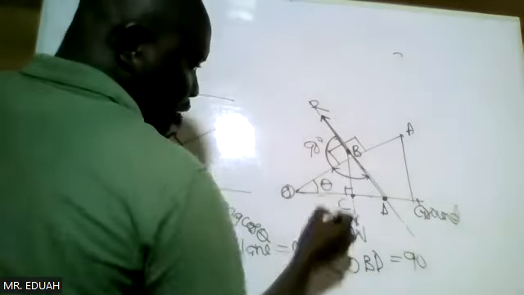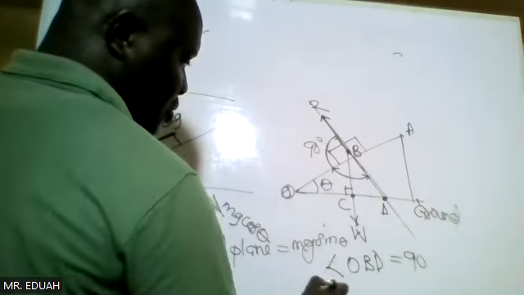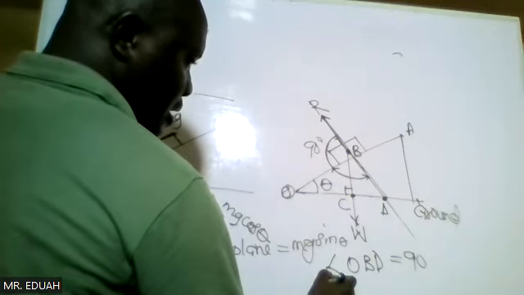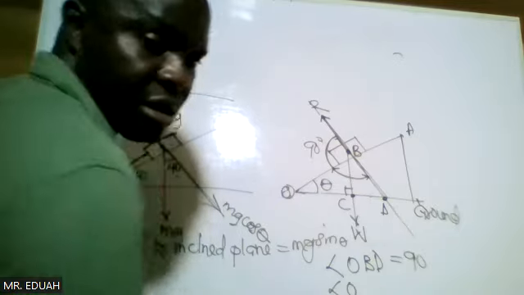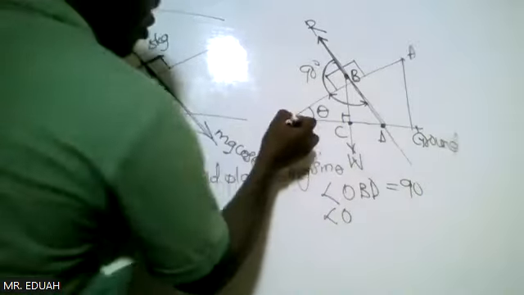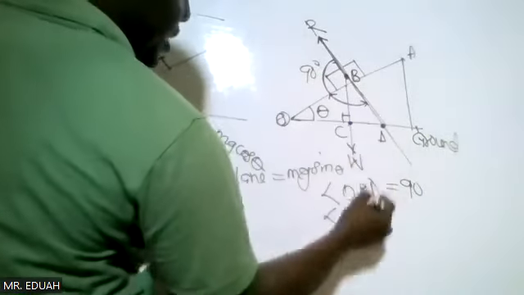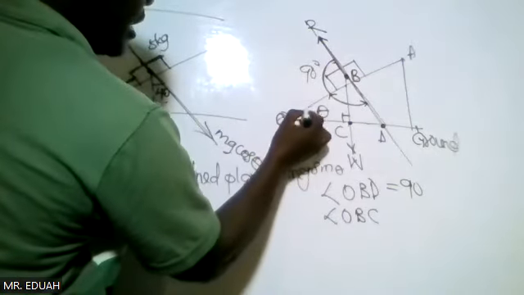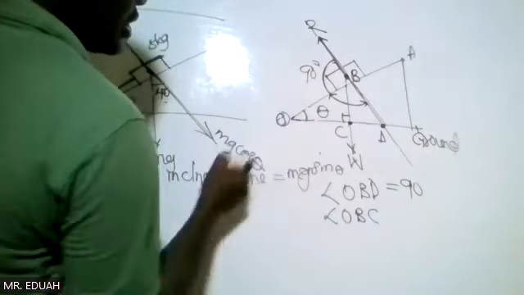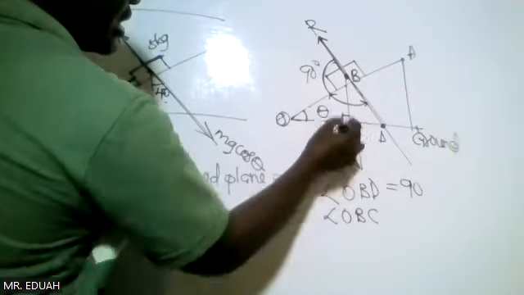What angle will be angle O? Let me shift this. What will be angle O, B, C? Now, if this is theta, the angle at O is theta, and this is 90.